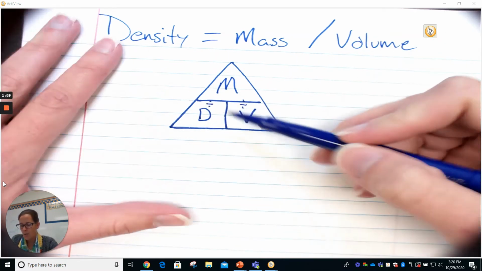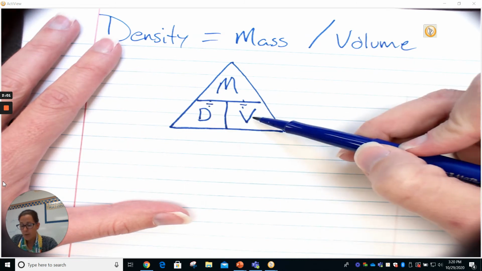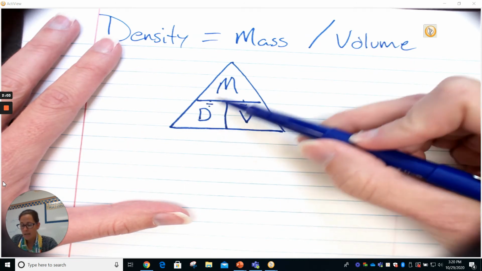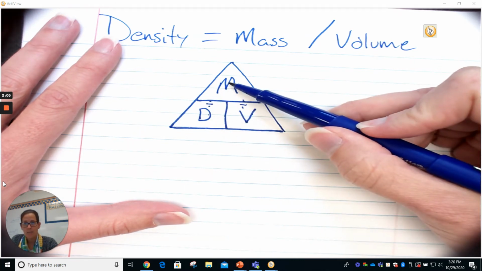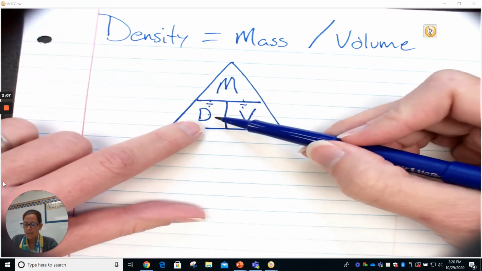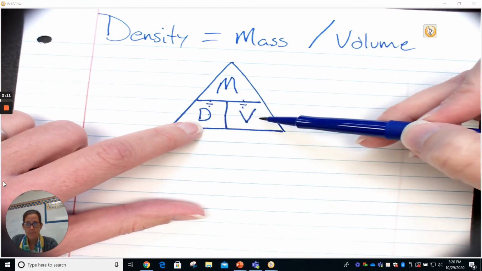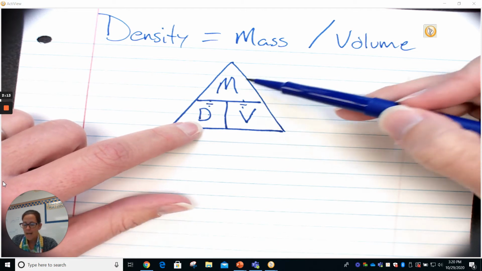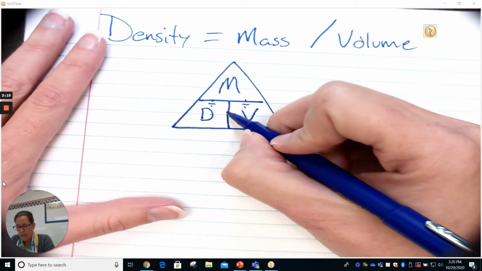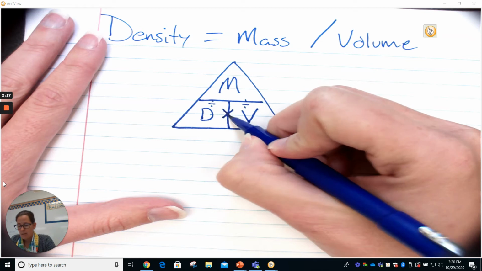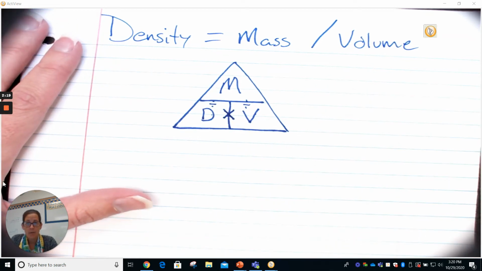So if I want to know the volume, I would just divide the mass by the density. If I want to know the density, I'm going to divide the mass by the volume. And if I want to know the mass, I'm going to multiply the density by the volume.